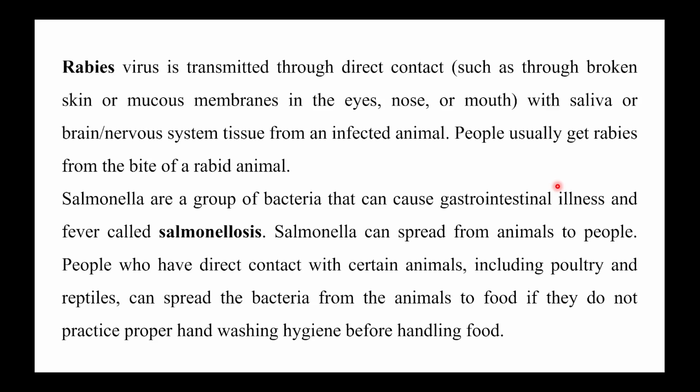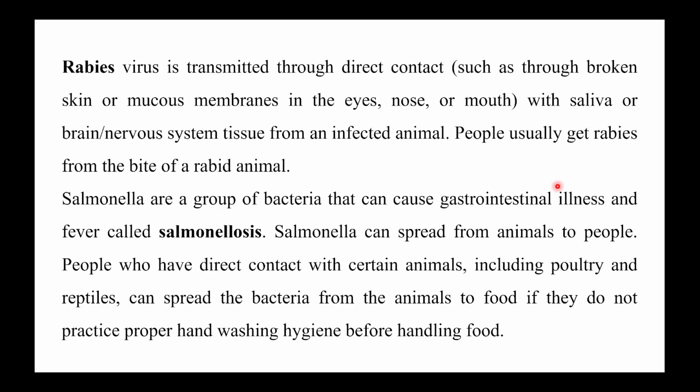Once a rabid dog bites a human, that virus can get transmitted through the saliva of the dog to the human from the site of the bite. And these viruses infect the brain or nervous system tissue of the infected animals.